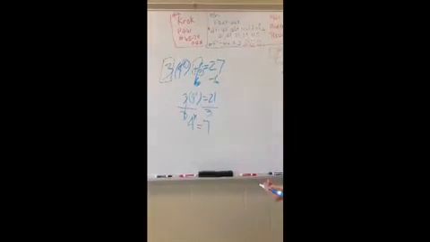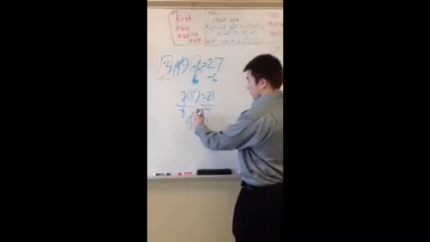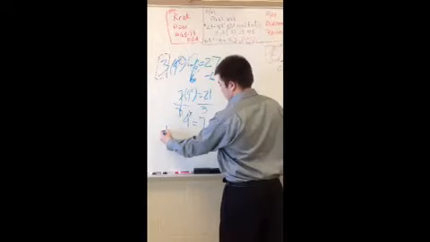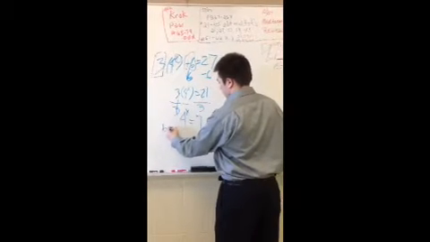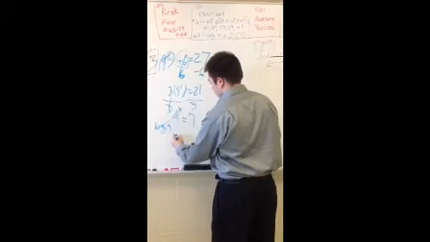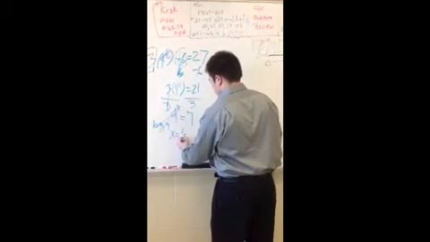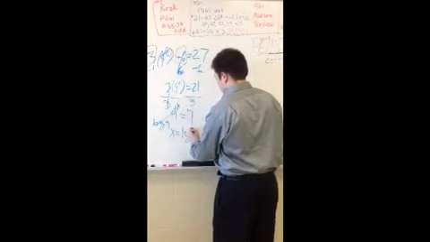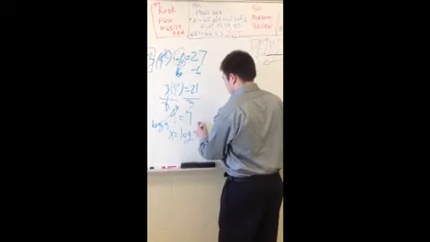Now to get rid of the 4, we're just going to do log base 4. It's going to cancel out. So you have x equals log base 4 of 7.